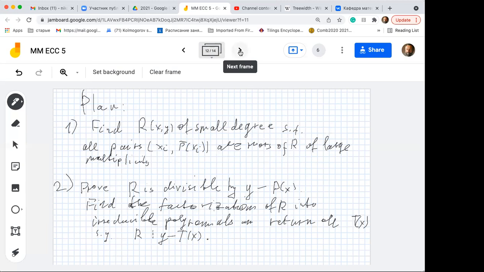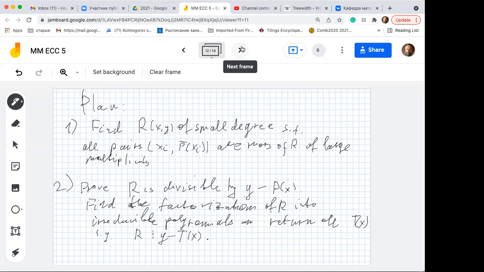When counting degree, we'll consider y as the more important variable. So the degree of the monomial y, just y, will be equal to k. The degree of the monomial x to the i times y to the j will be obtained as i plus j times k.